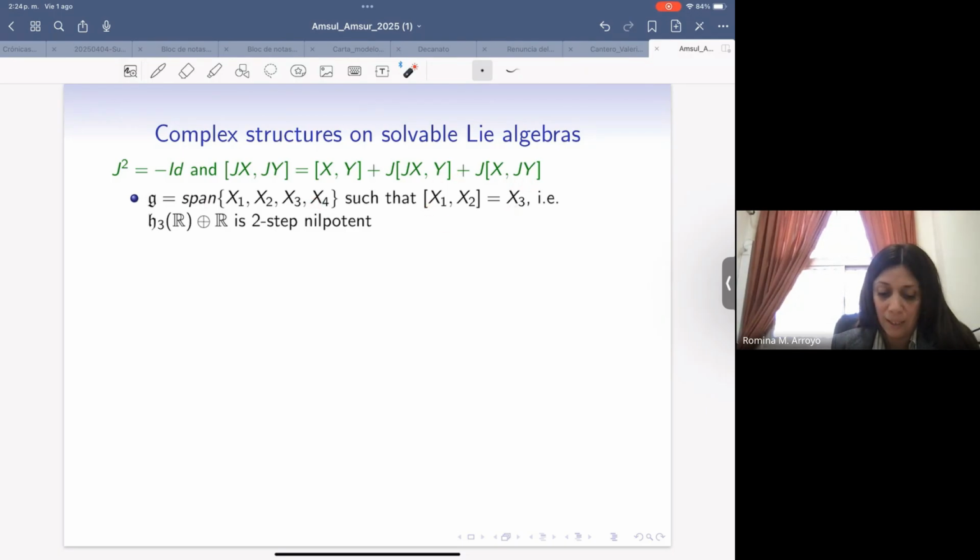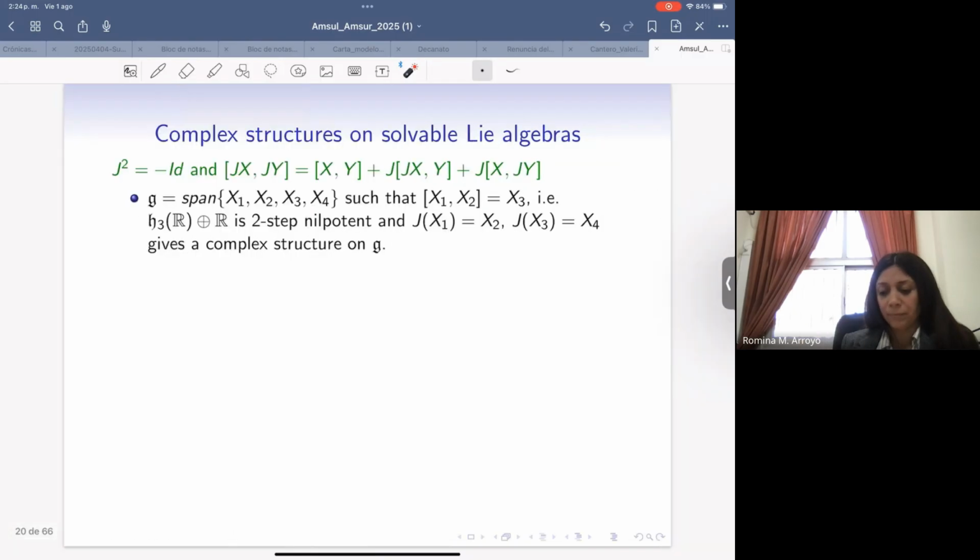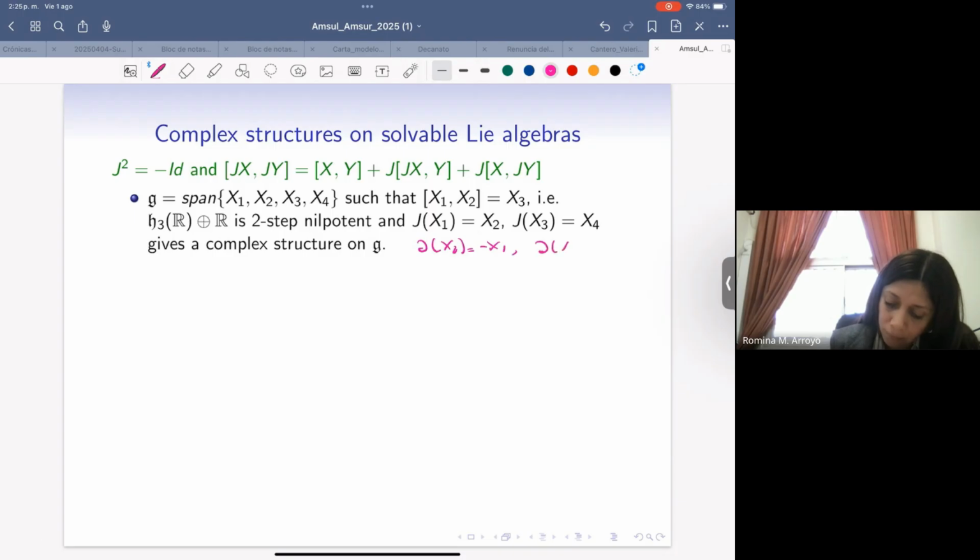This Lie algebra is Heisenberg plus R, and it is easy to see that it is two-step nilpotent. If we consider this endomorphism and then extend like this, this is going to be a complex structure.